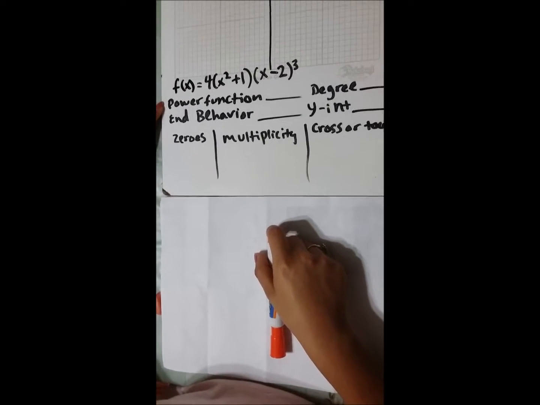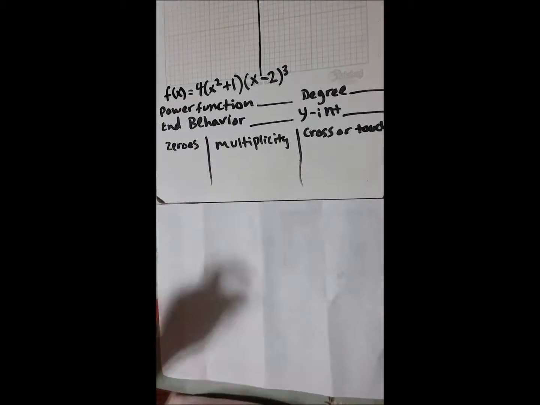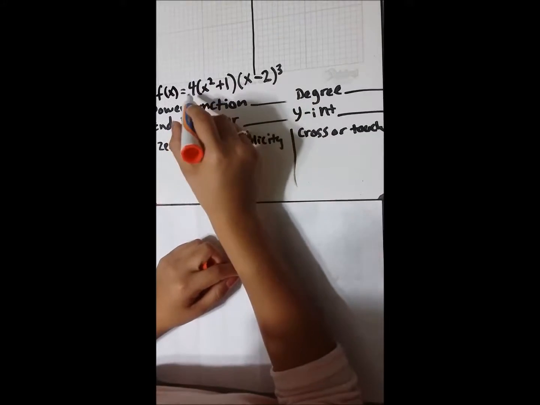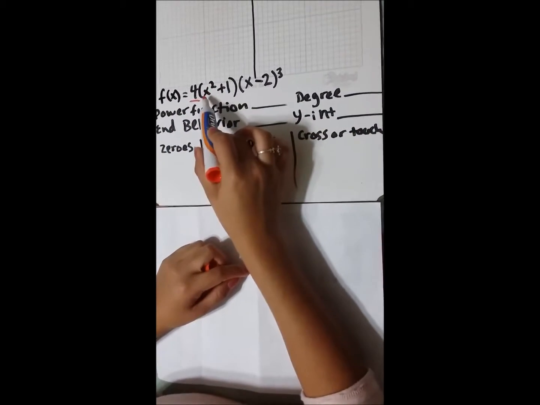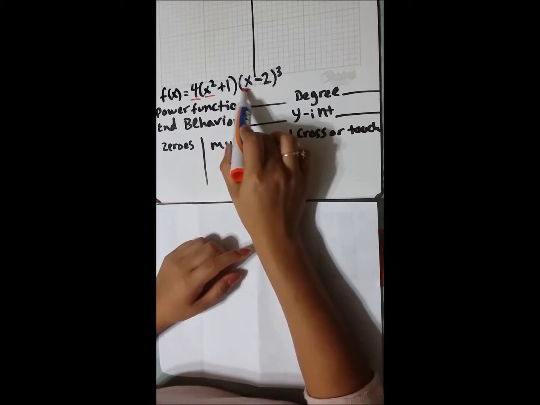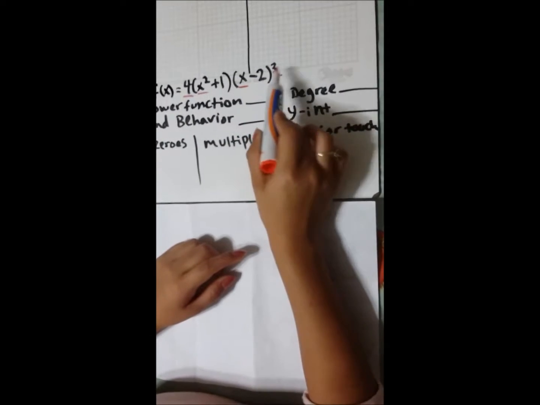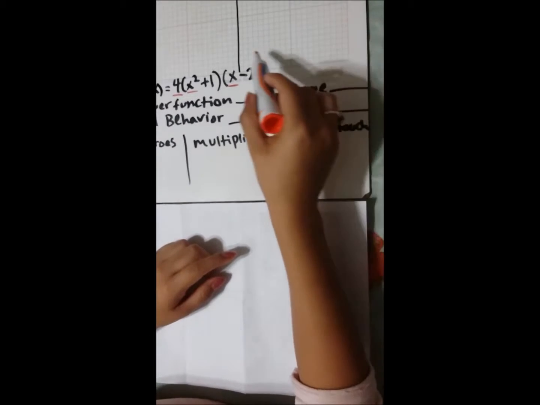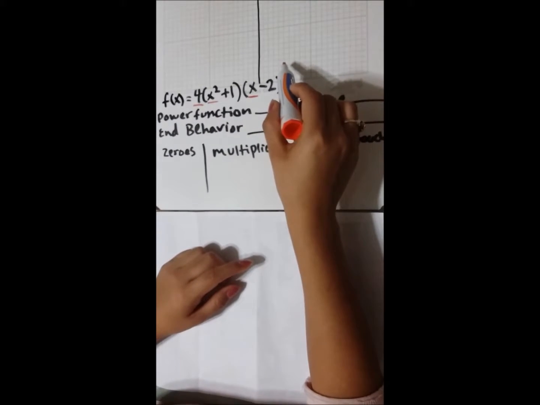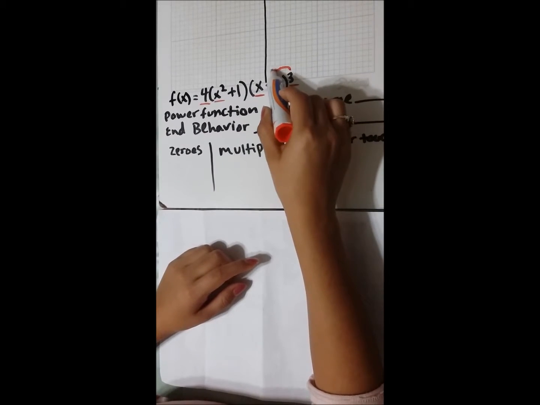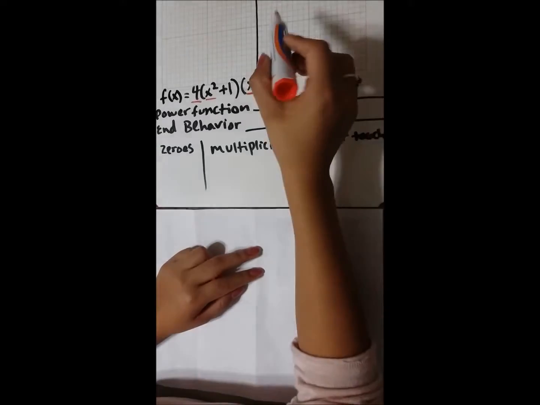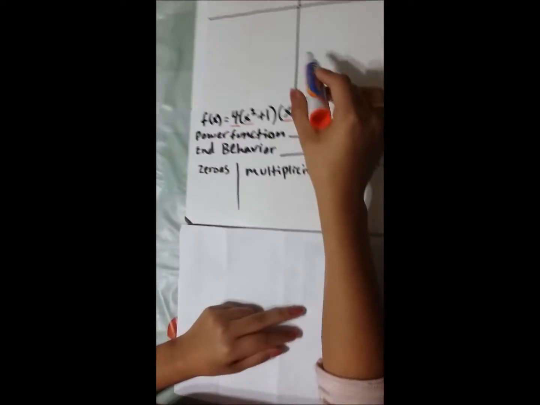In order to find this, we're going to have to look at the leading coefficient, then the x squared, then we're going to have to look at this x with the third power on the outside. This third power is going to be distributed to this x. So we're going to have to put all of them together, in other words, multiply them.